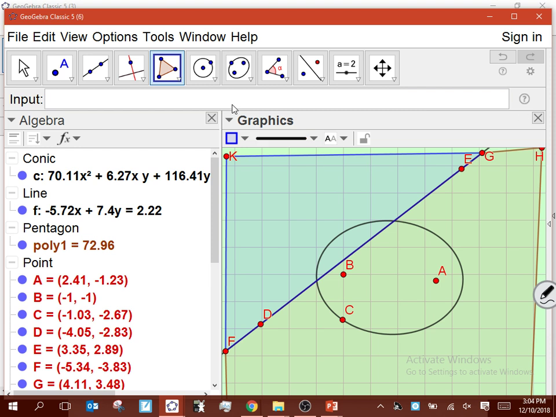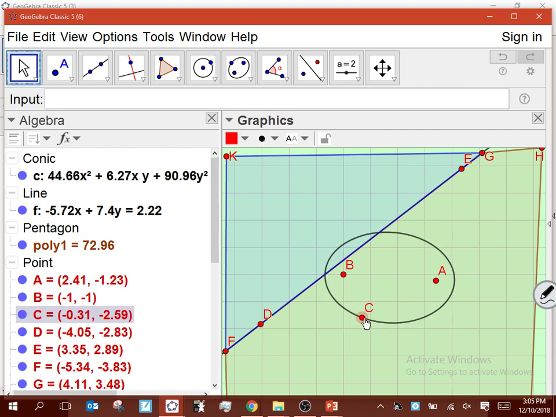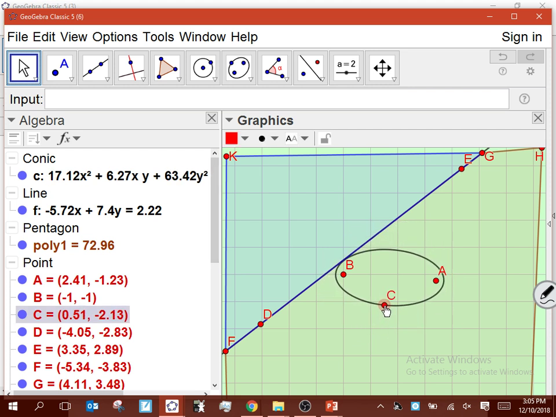Okay, so the line creates two half planes, right? We've got a maroon plane on the bottom and a blue plane on the top. When we intersect, basically it means that your circle or your ellipse, your curve, is now part of it in both planes, okay? But if they're tangent, then we see how the ellipse is only in one of those half planes, okay? So that's a way of thinking about that.